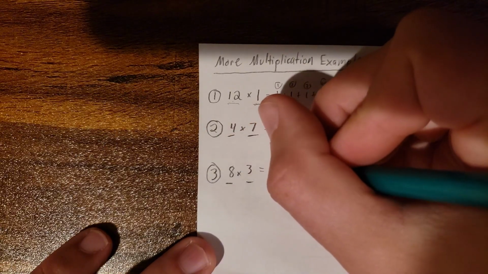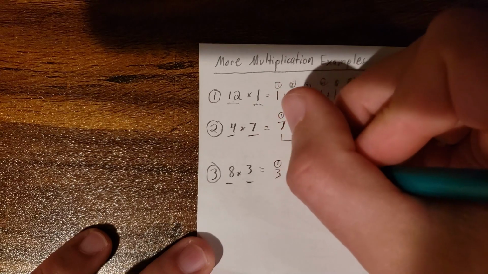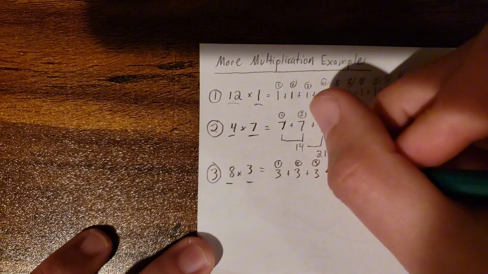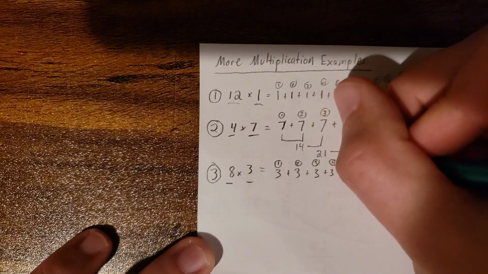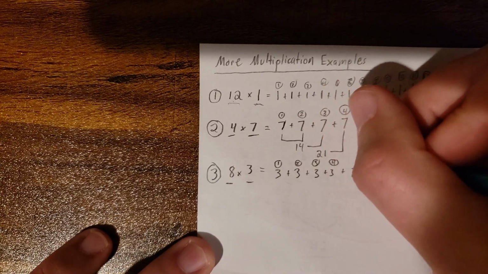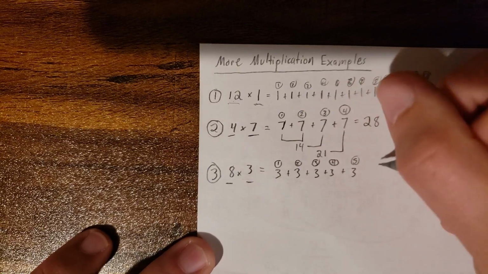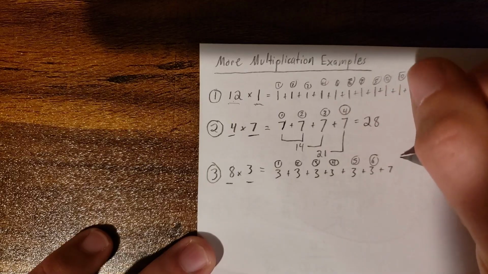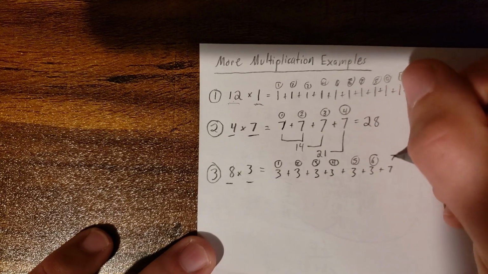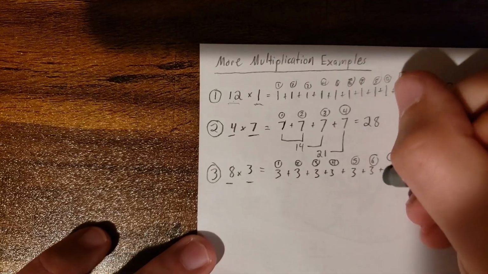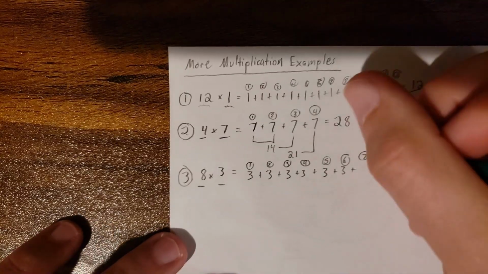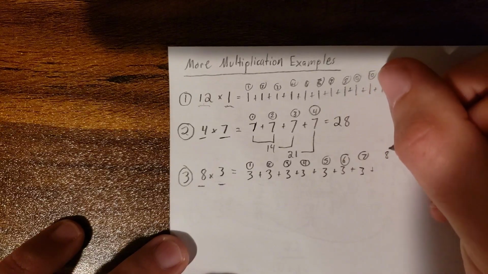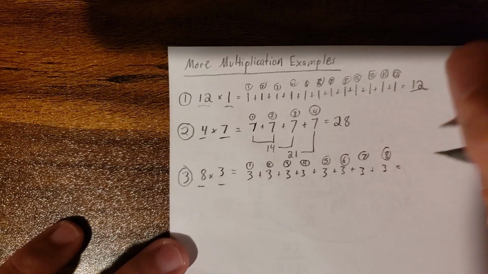So I'll go ahead and say, here's our first 3, our second 3, our third 3, our fourth 3, our fifth 3, sixth 3, seventh 3, and finally our 8th 3.